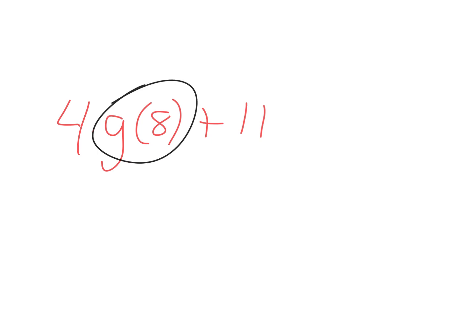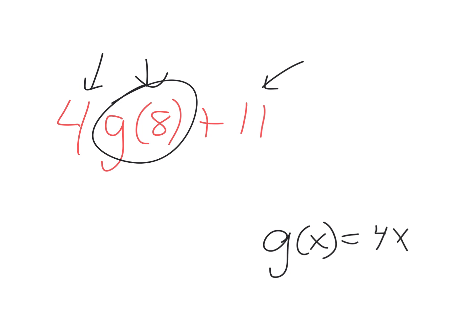G of 8. Once you figured out g of 8, do you just times it by 4 and then add 11? Once I figure this out, I just have to times it by this and add that. So do I need to tell you g? All right, so I'm going to give you g now. G equals 4x.